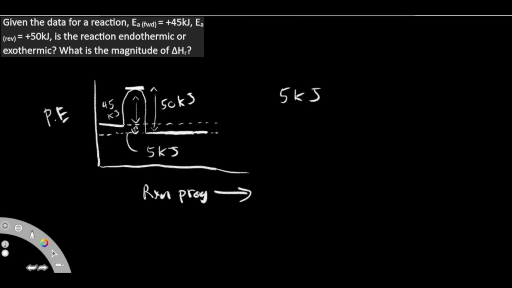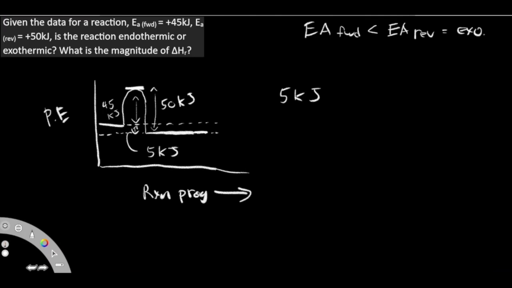Well, if we have our activation energy, and the forward one is less than the activation energy of our reverse direction, this is going to be exothermic. It's going to be a negative value because we are losing energy. We had a certain amount of mass here, we have a certain amount of mass here.